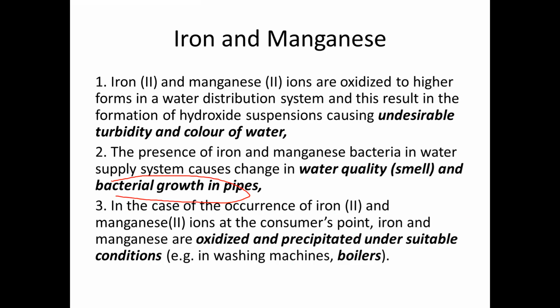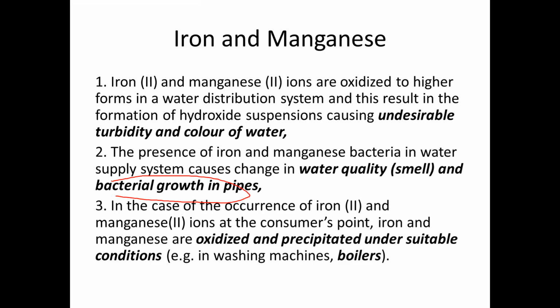So it remains wet most of the time and our bacteria react with our metals, and our metals can dissolve. So in the case of occurrence of iron 2 and manganese 2 ions at the consumer's point, iron and manganese are oxidized and precipitated under suitable conditions.